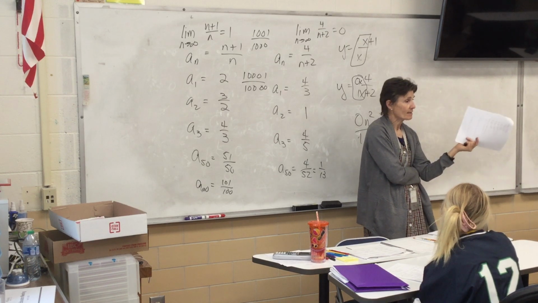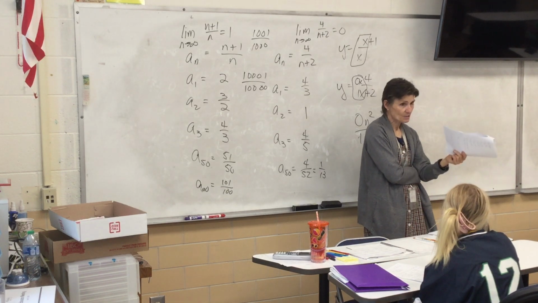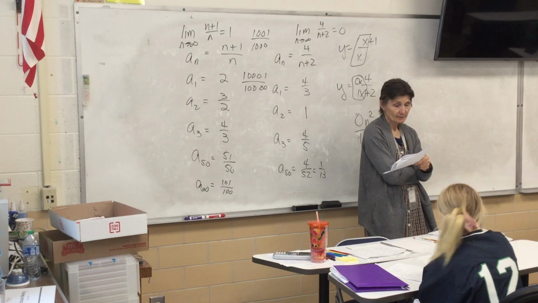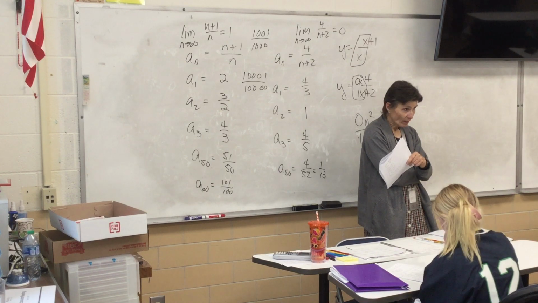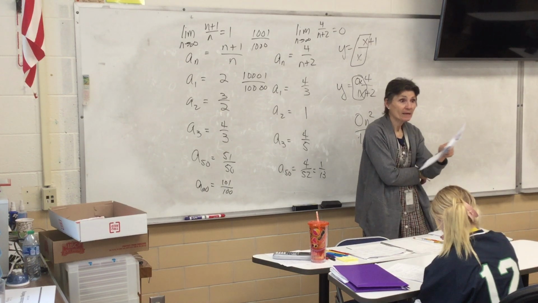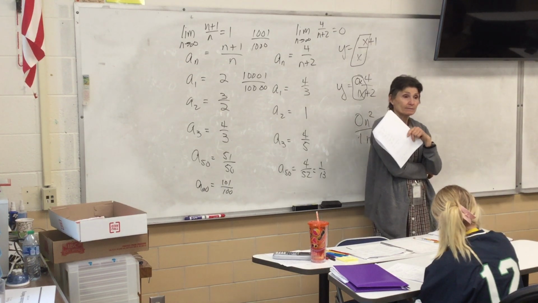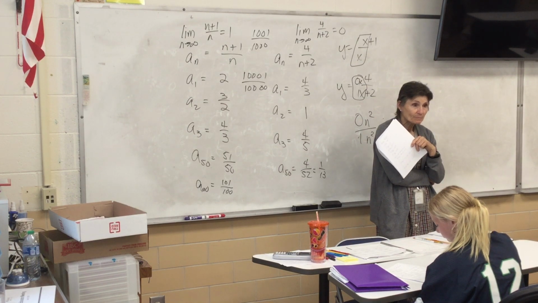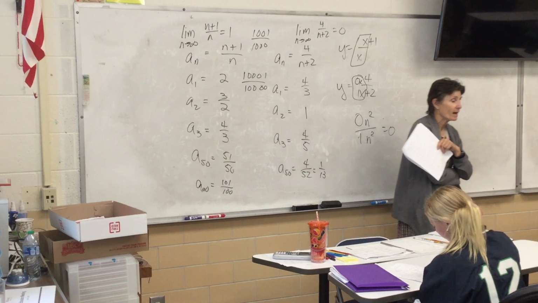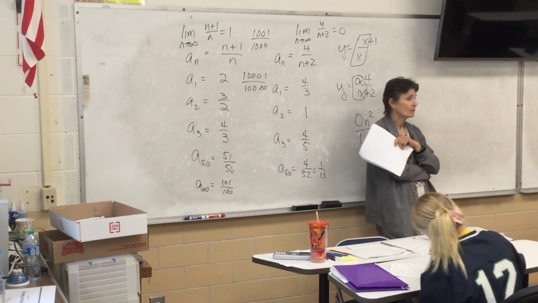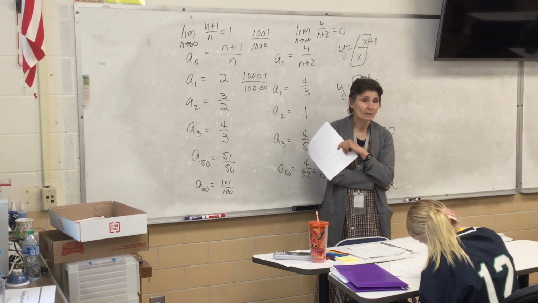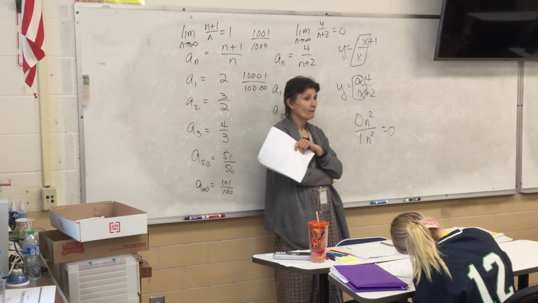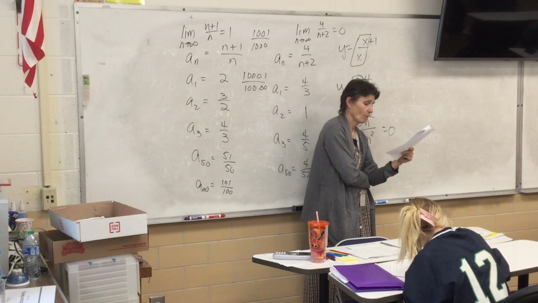So 97 squared, then 98 squared, then 99 squared. I'm on problem A, squaring. They're getting bigger. Is there a wall they're going to hit, or are they just going to keep getting bigger? They just keep getting bigger. A is what we call divergent. It has no limit. The terms just keep growing.